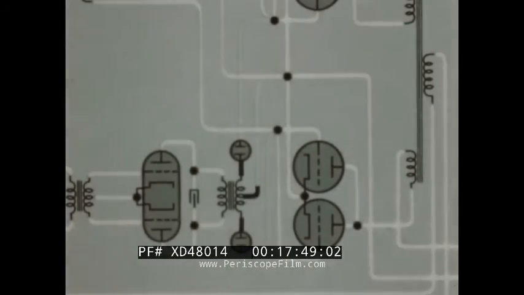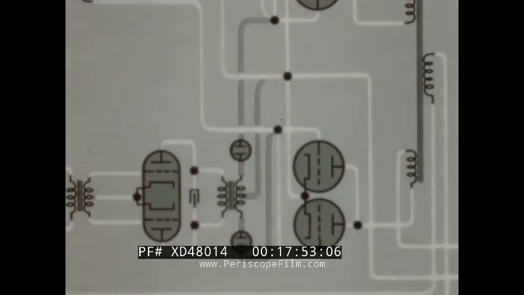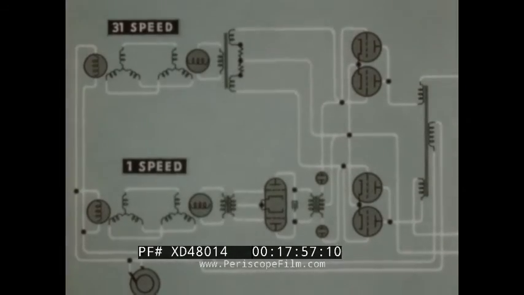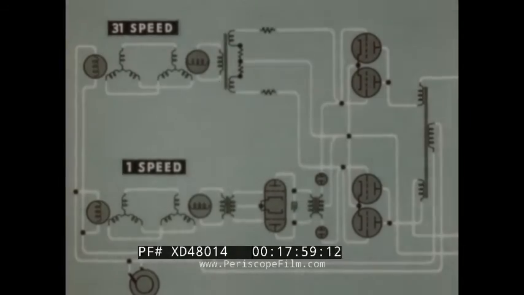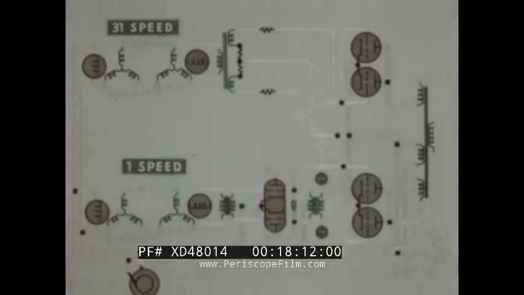This circuit is applied to the system by connecting the amplified output to the grids of the main tube. Resistors in the 31-speed circuit permit transfer of control. Power for the one-speed amplifier is taken from another secondary winding on the power supply transformer.